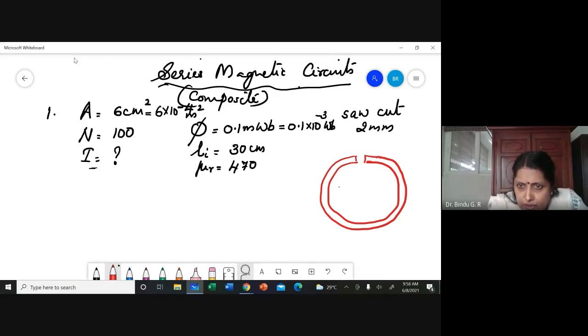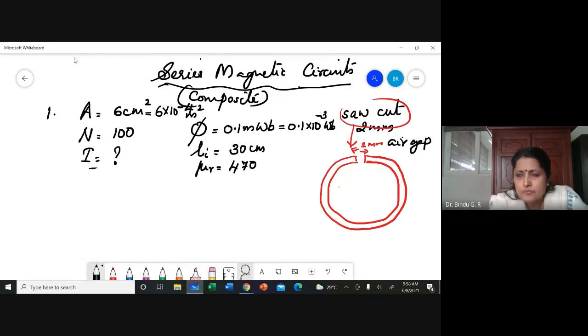So they have cut through this using a saw. That is 2 mm. When it is cut, what do you have there? It is an air gap. This is called an air gap, or length of air gap, LG.